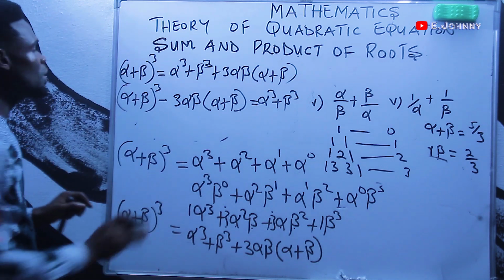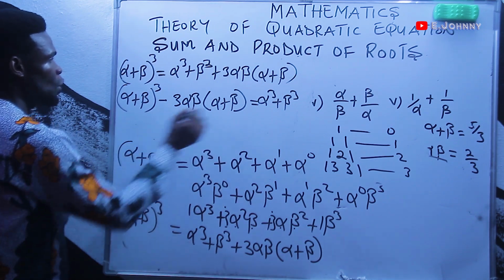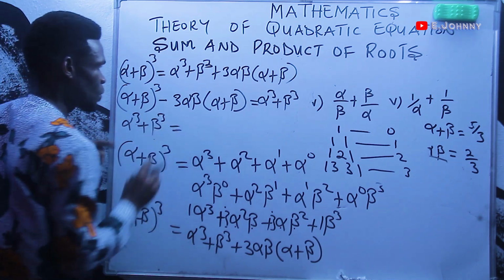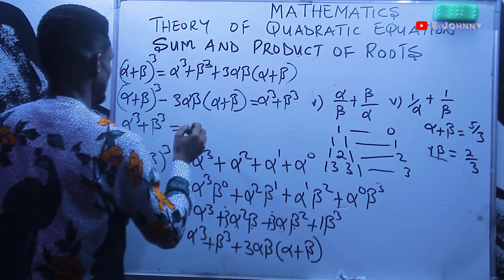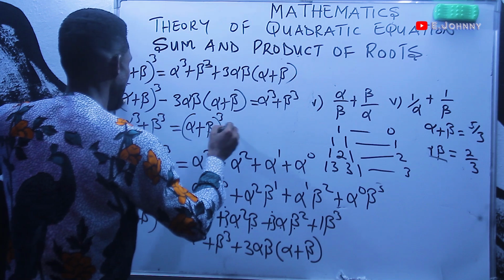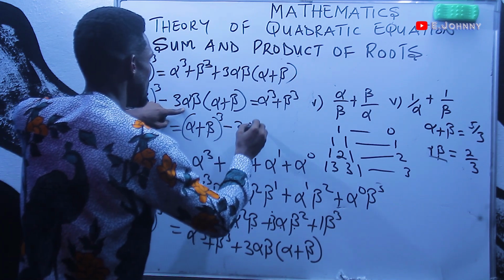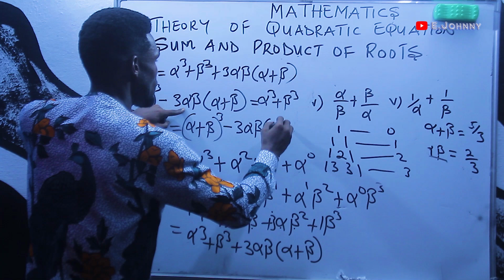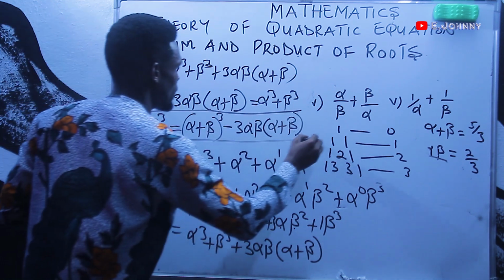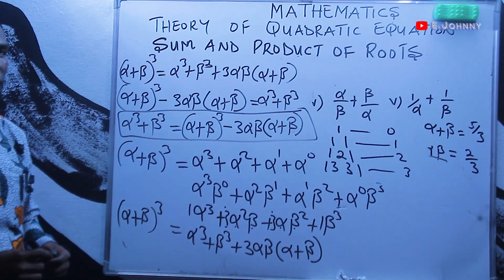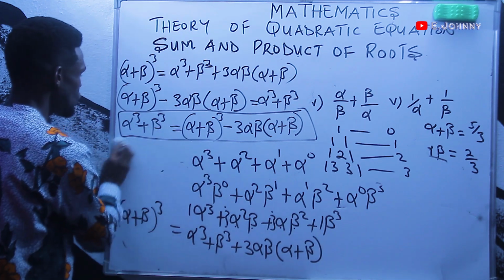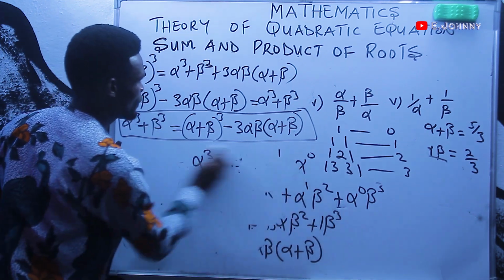So anytime you want to make use of alpha cube plus beta cube, you must know that it is alpha plus beta cube minus 3 alpha beta into alpha plus beta. This is something to always remember. Very, very important.